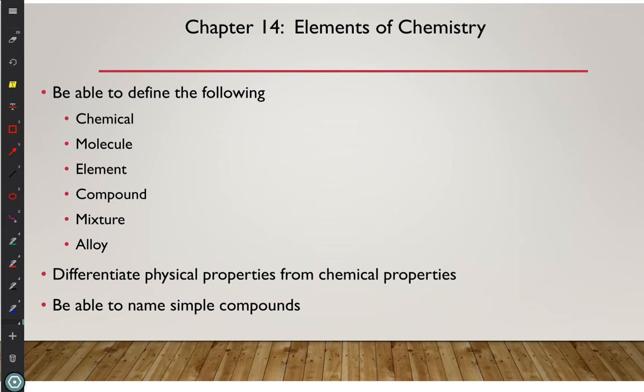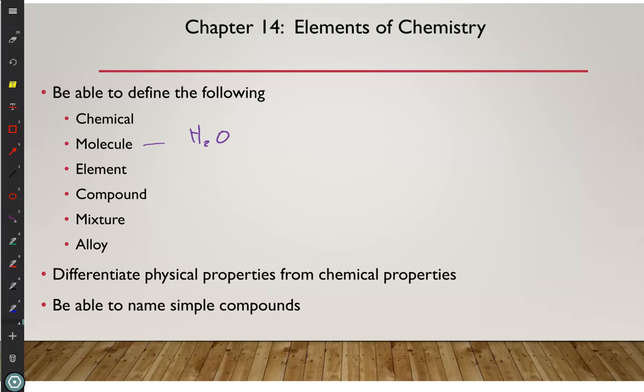So then we have things like molecules. Molecules are, of course, essentially the same thing as a chemical compound. If I say H2O, that's a molecule. It's three atoms bound together.